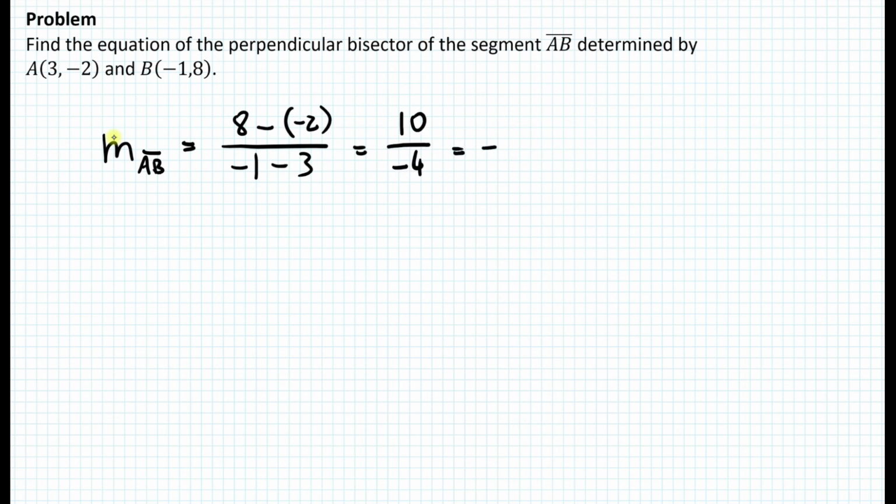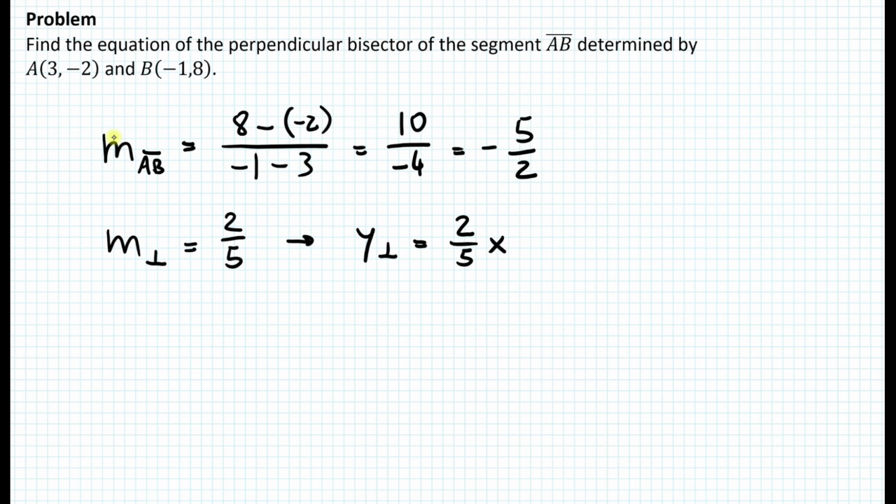So that simplifies to -5 over 2. So the slope of the perpendicular bisector, so I'm just going to call it m sub perpendicular, is going to be the negative reciprocal of -5/2, which is 2/5, okay? That means that the equation of the perpendicular bisector is going to be y = 2/5 x plus b.